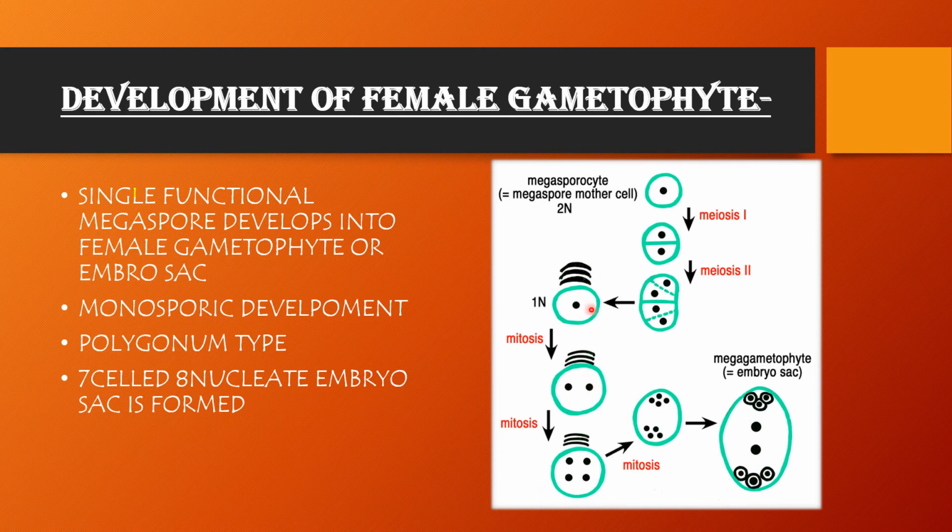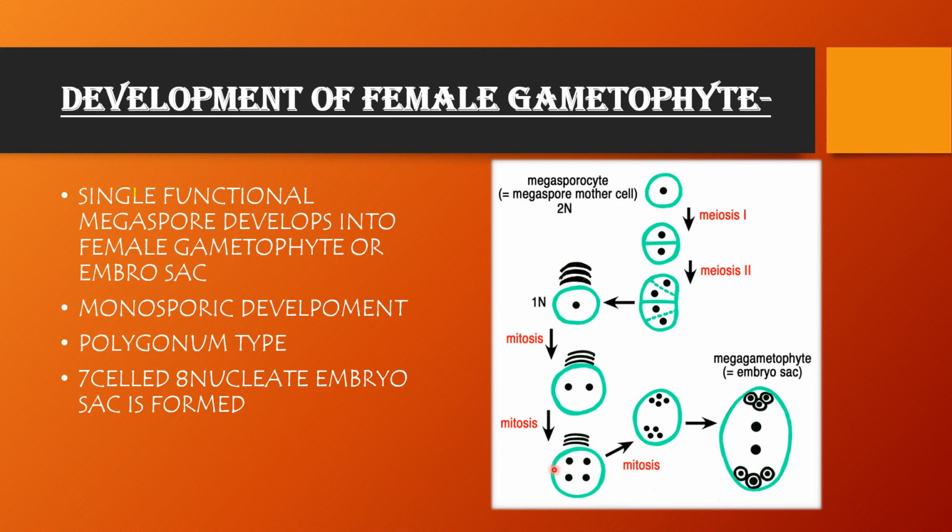See here in the diagram, when this functional megaspore completes the first mitotic division, it forms 2 nuclei. There is an absence of cytokinesis, that is why only nuclei are present. Again these 2 nuclei perform a second mitotic division and form a 4-nucleate structure.